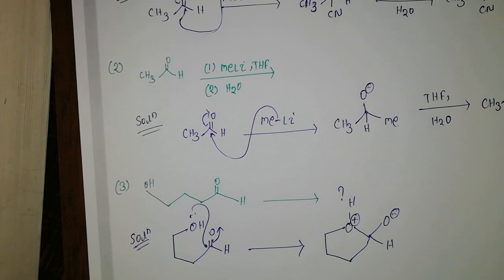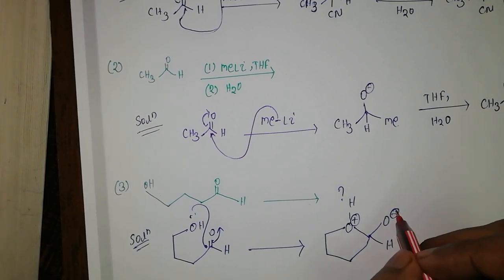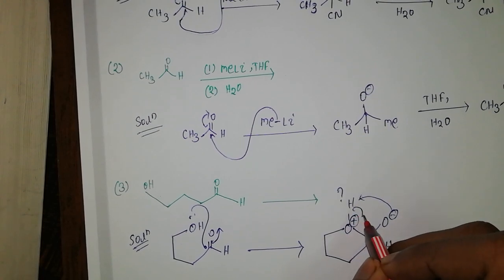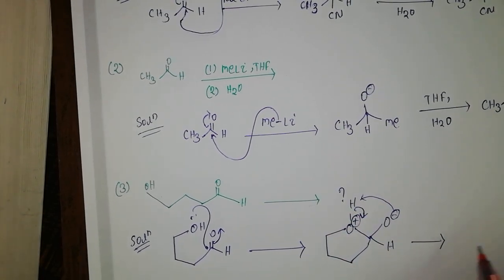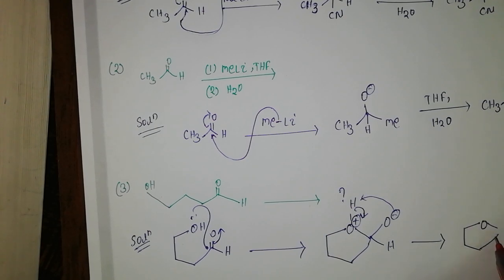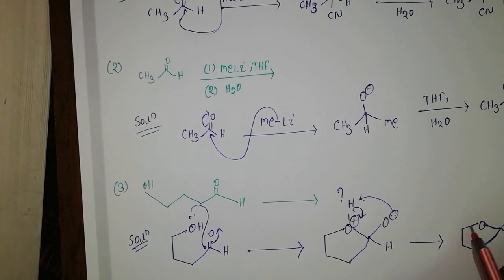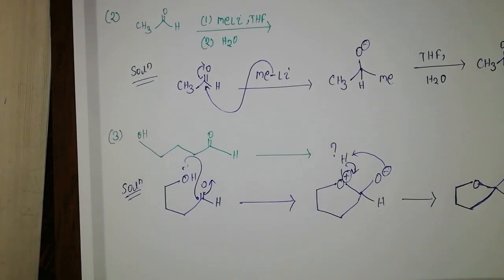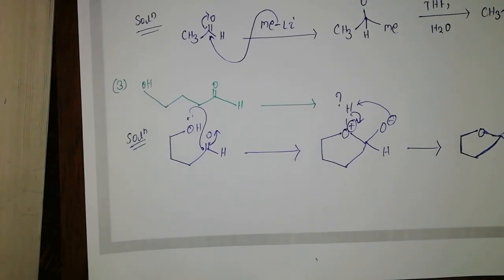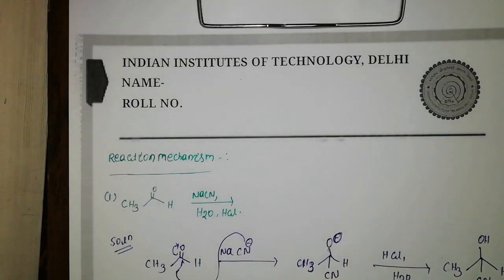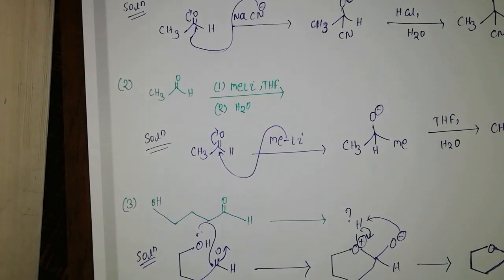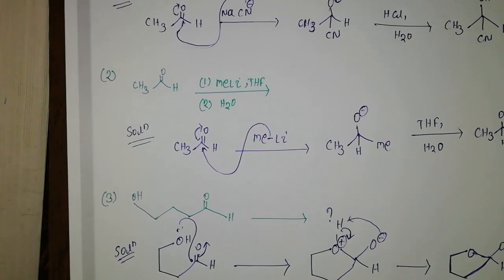So the oxygen atom will give up this, and this bond breaks. So what will be our final product? This is a 5-membered ring. So this will be our first 3 questions. Hope that must be clear.